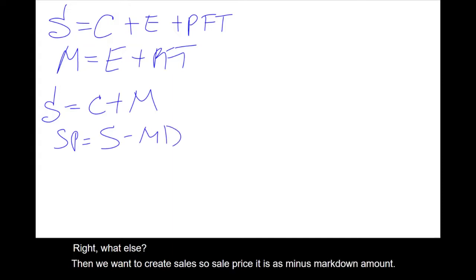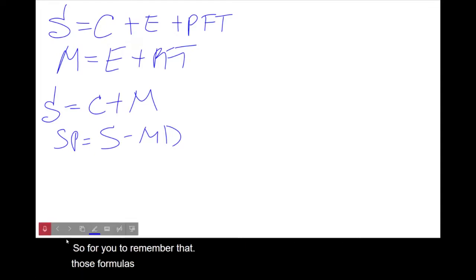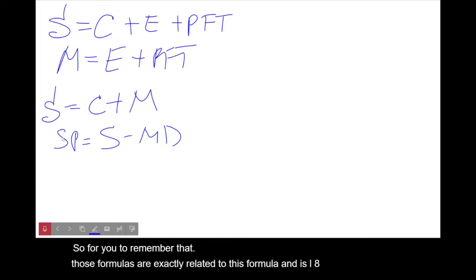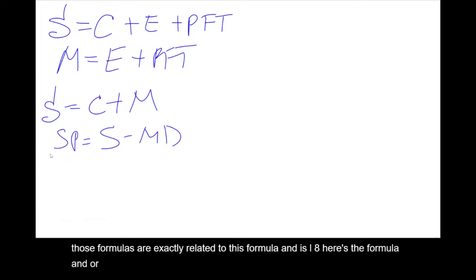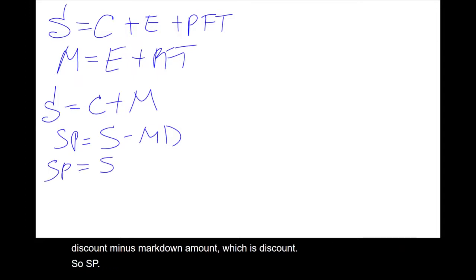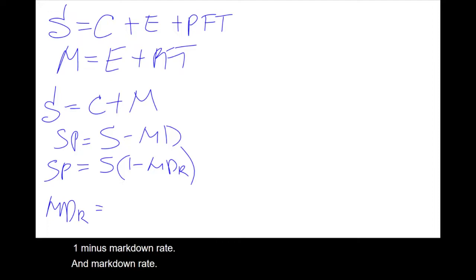So for you to remember, those formulas are exactly related to these formulas. N is L minus A. Here's the formula. N, or sale price, price after discount. It's a list price, price before discount, minus markdown amount, which is discount. So SP is S times 1 minus markdown rate, and markdown rate is what?